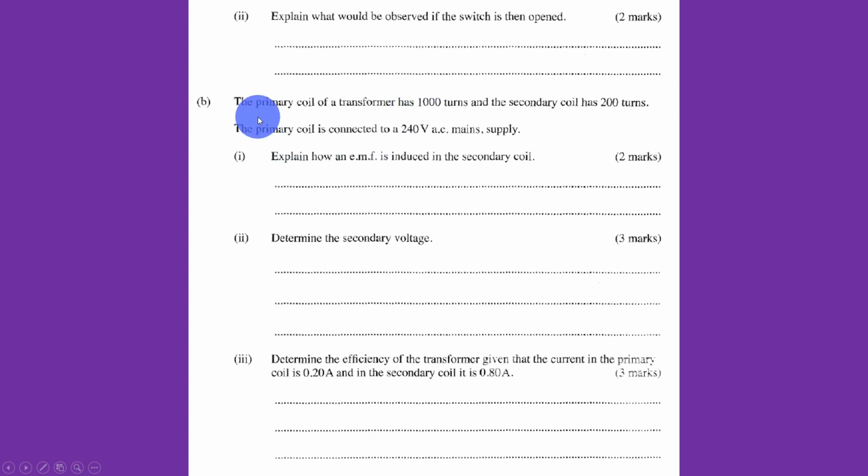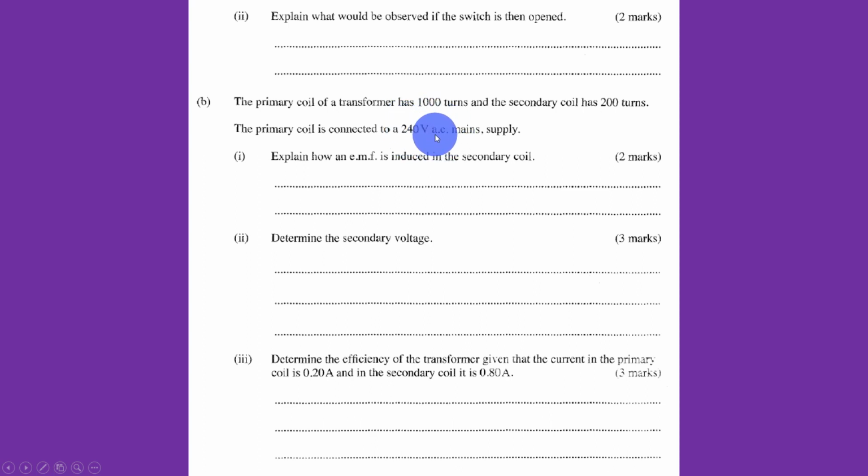And of course, this one is a calculation on transformers. The primary coil of a transformer has 100 turns and the secondary coil has 200 turns. The primary coil is connected to a 240 volts AC supply. Explain how an EMF is induced in the secondary coil. Of course, this is by the same process, electromagnetic induction, where this alternating current causes a changing magnetic field in the primary.